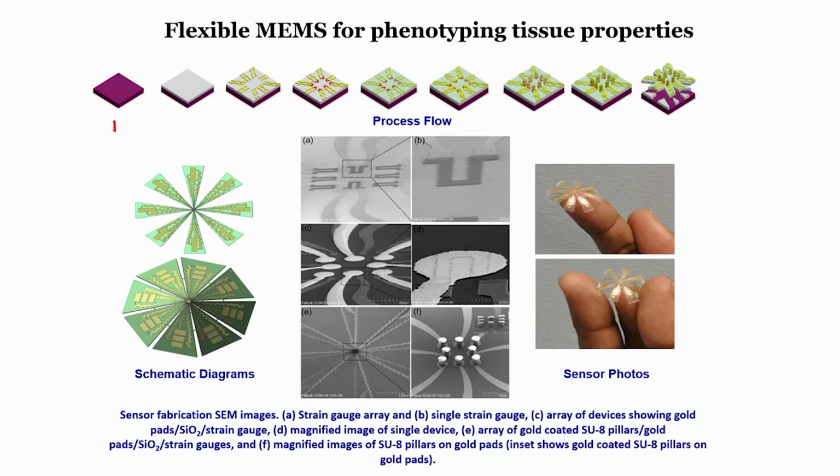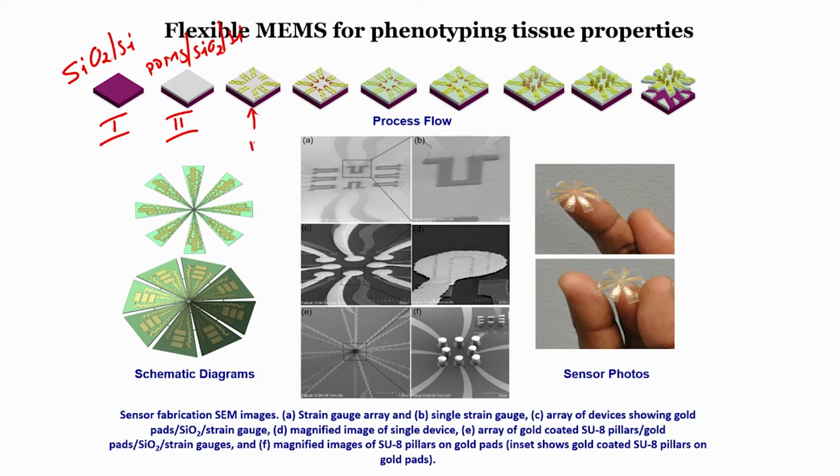We have taken a silicon substrate, you can take an oxidized silicon substrate on which we have spin coated PDMS, right, silicon or oxidized silicon, then we have PDMS on this silicon, right.